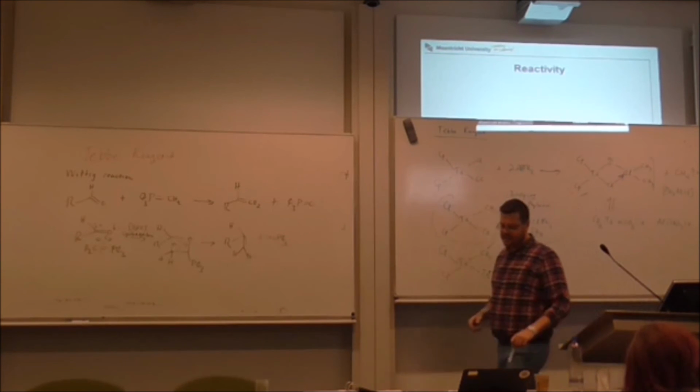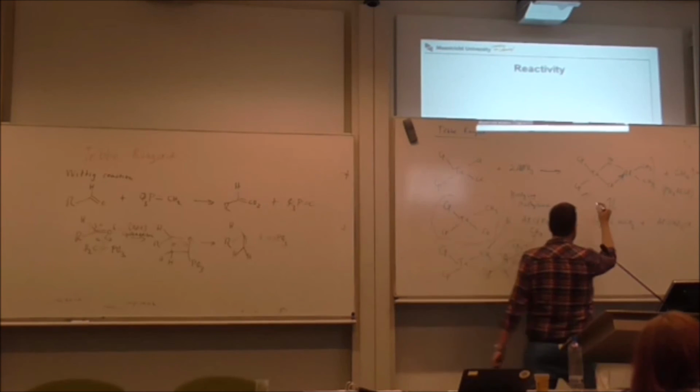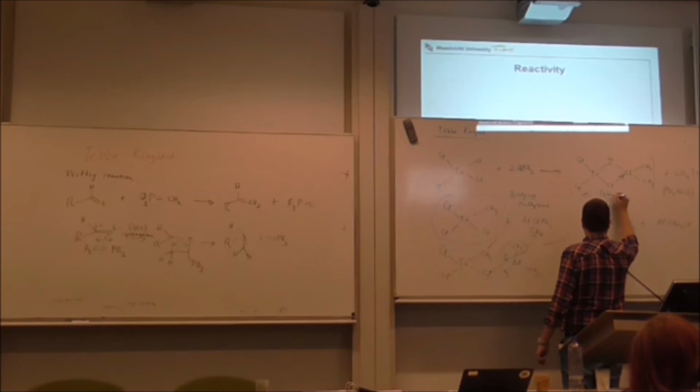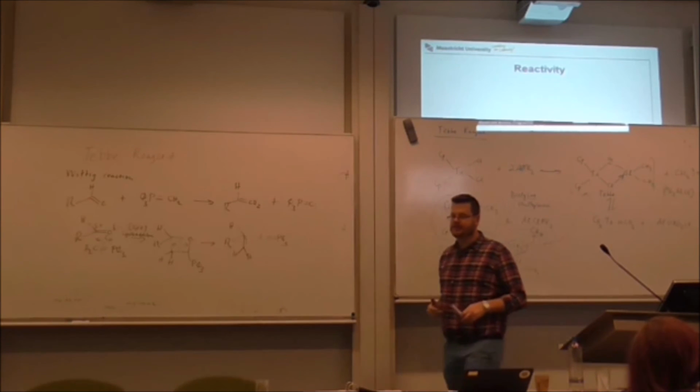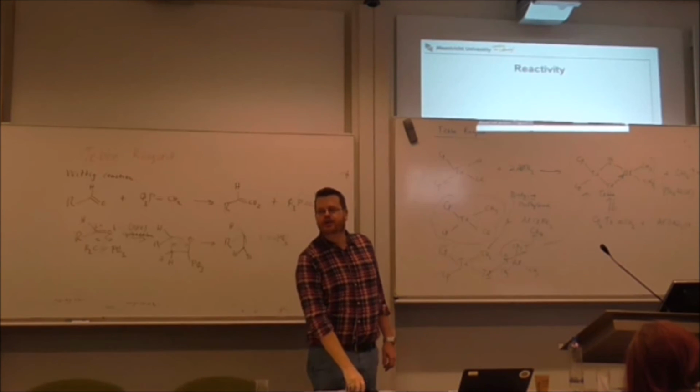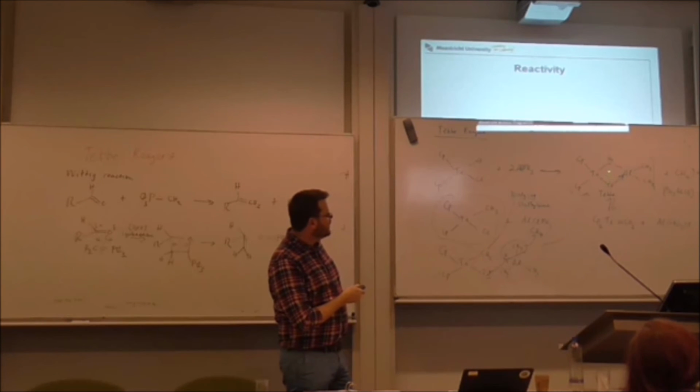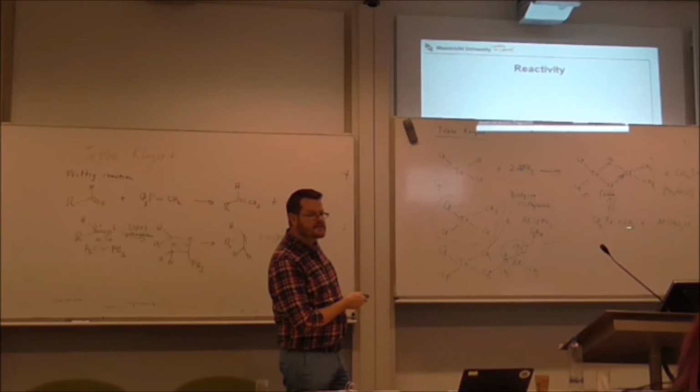So this is the Tebe reagent. You can make it and put it in a bottle. But if you put it in solution, you can have cleavage of this titanium chlorine bond, and you basically form a titanium carbene, you see that, and the aluminium dimethyl chloride.